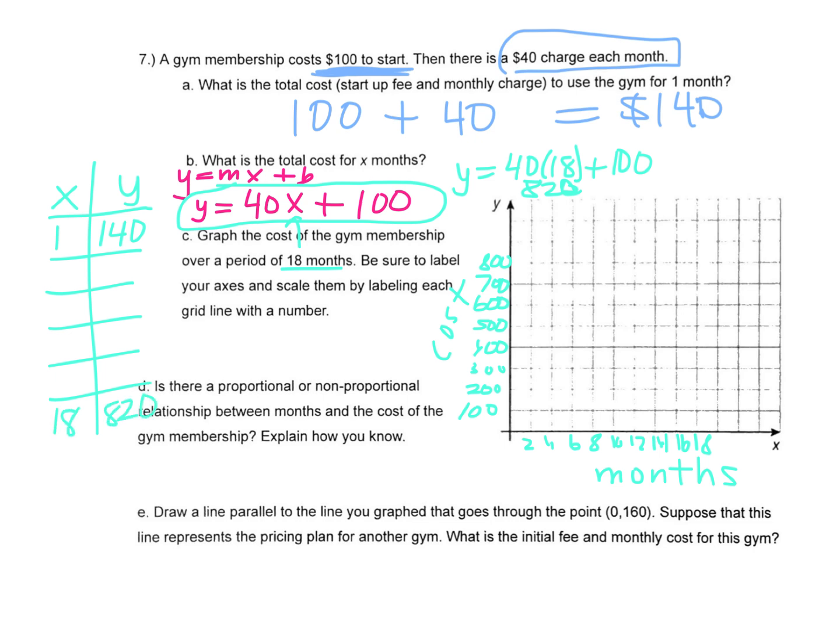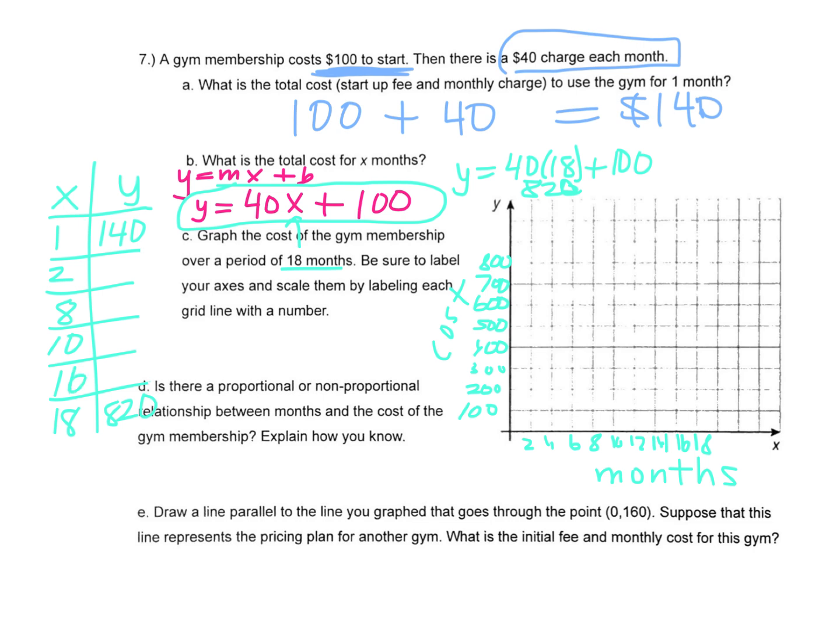So I'm going to use my equation to figure out the cost of 2 months, and then maybe I'll do 8 months, 10 months, and 16 months.